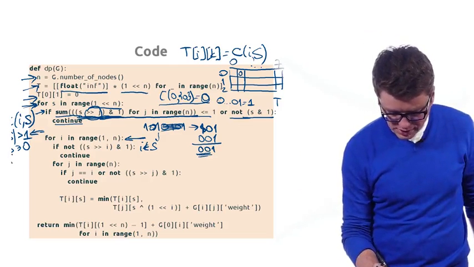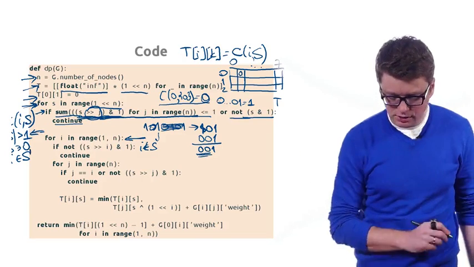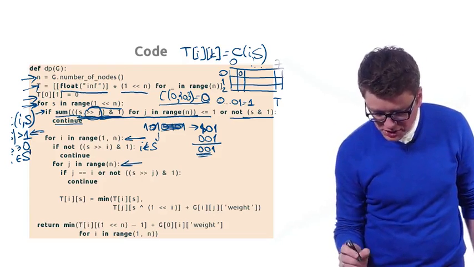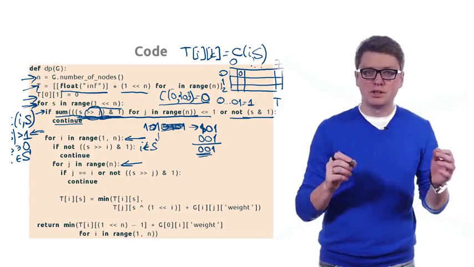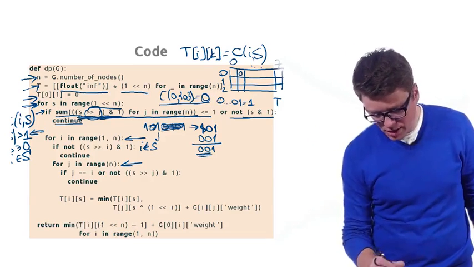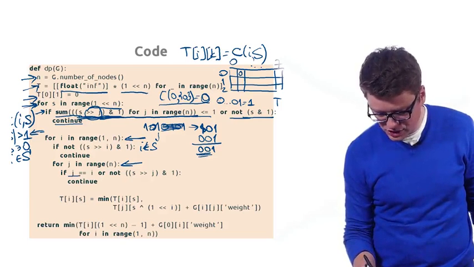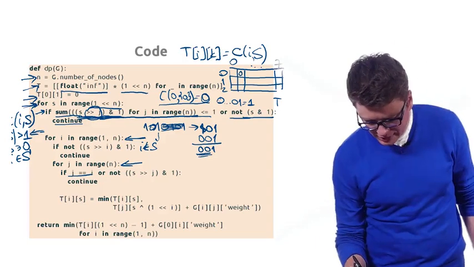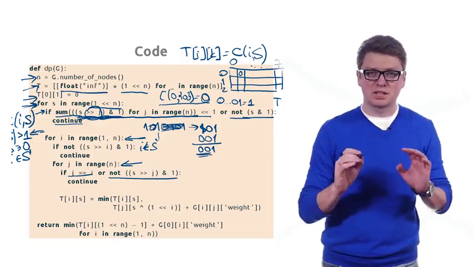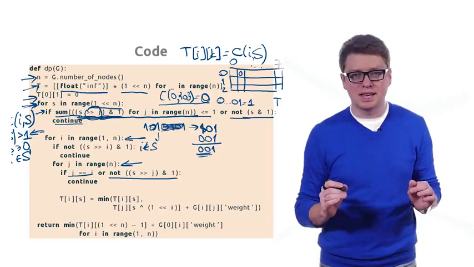Recall that I should belong to S. Then we start another for loop. So here j ranges from 0 to n minus 1. And again we check. We do not need to do anything if j is equal to I, or if j is not present in S, right? So we just continue the for loop in this case.